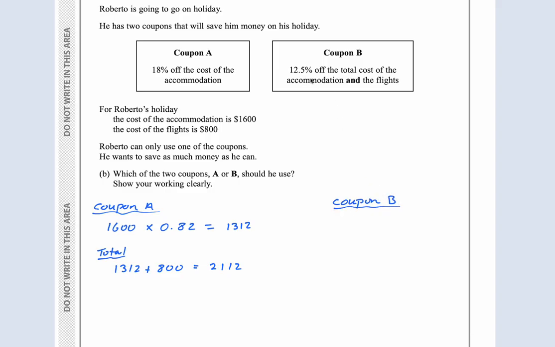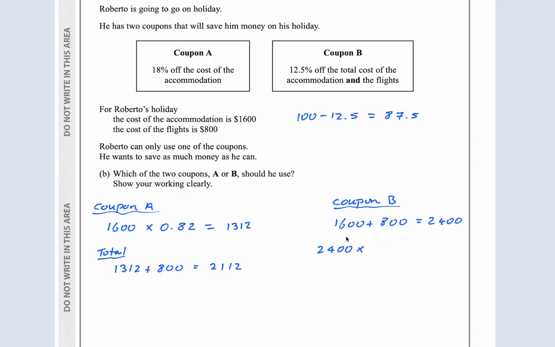Coupon B, he gets 12.5% off the total cost of accommodation and flight. So the total cost is 1600 plus 800, which is 2400, and he gets 12.5% off this. I'm going to do 2400 times 100 minus 12.5, guys, is 87.5.